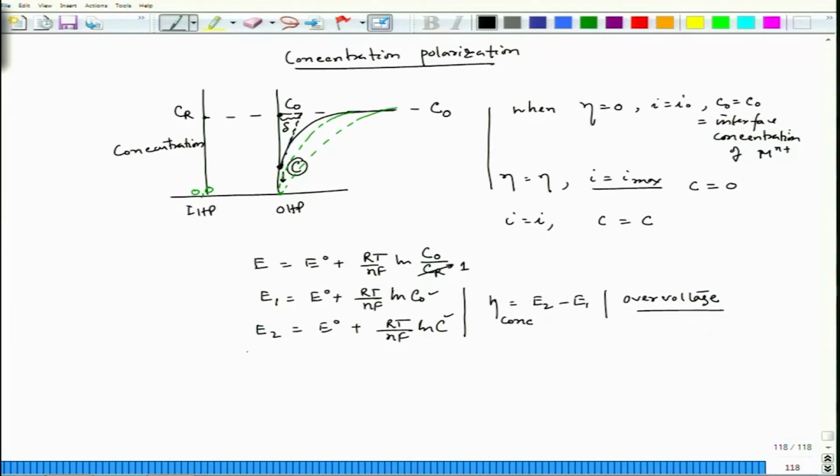Now, I can use Fick's first law here, J, which is the flux. I can write it in this form, moles per unit area per unit time, equal to minus D dC by dx. I am considering a steady state situation here.